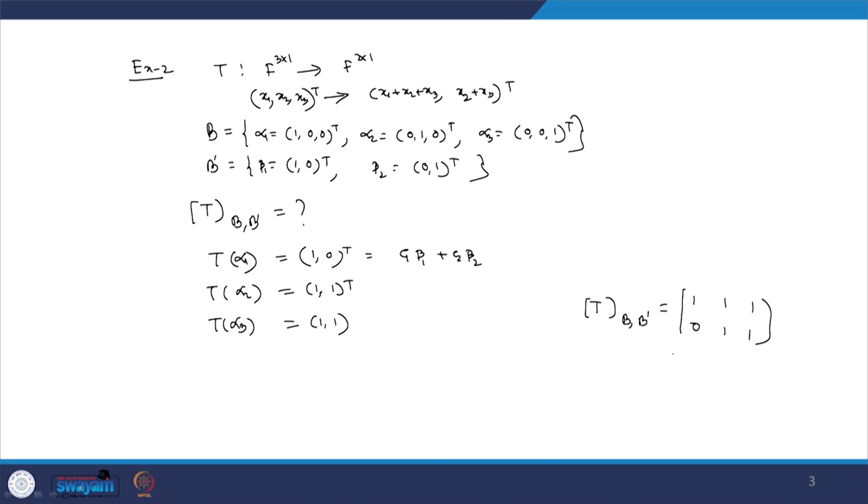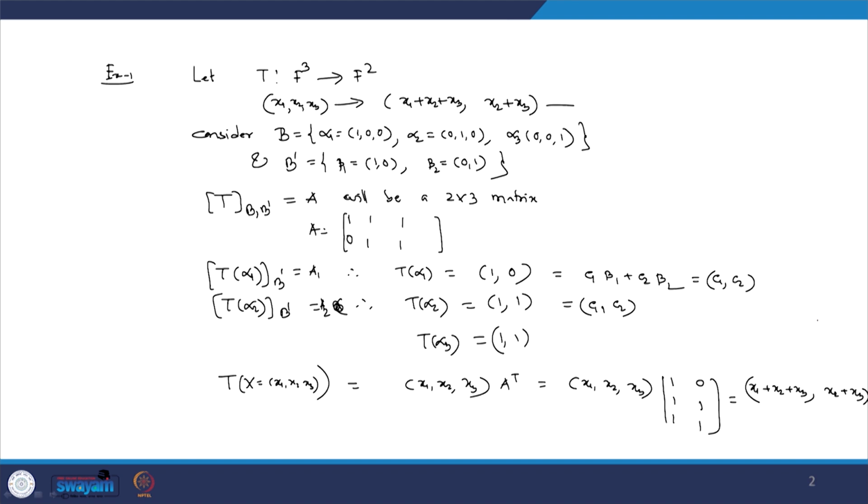So you see the matrix representation of, let me give the name T star, then the matrix representation of T star for this case is the same matrix we obtained in my previous example 1.